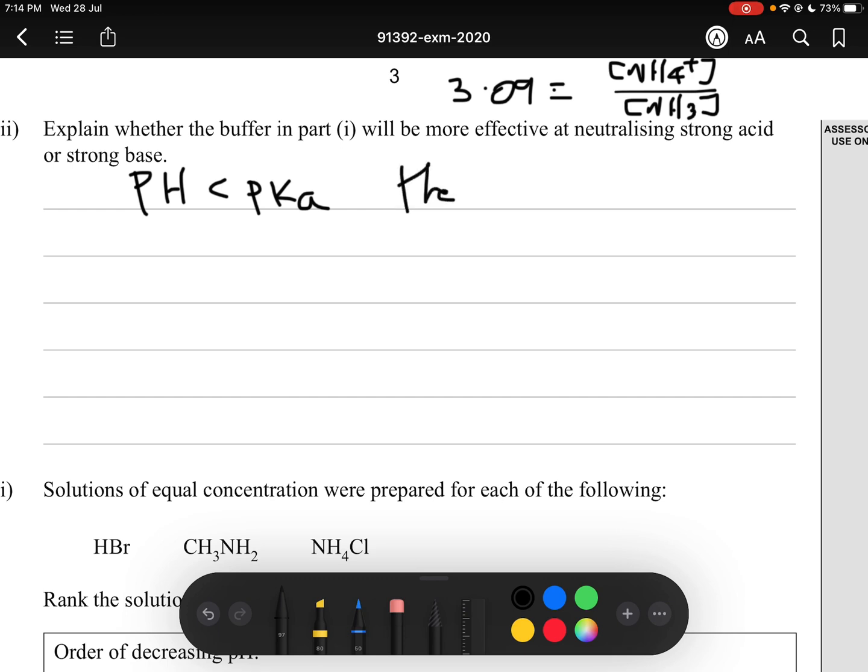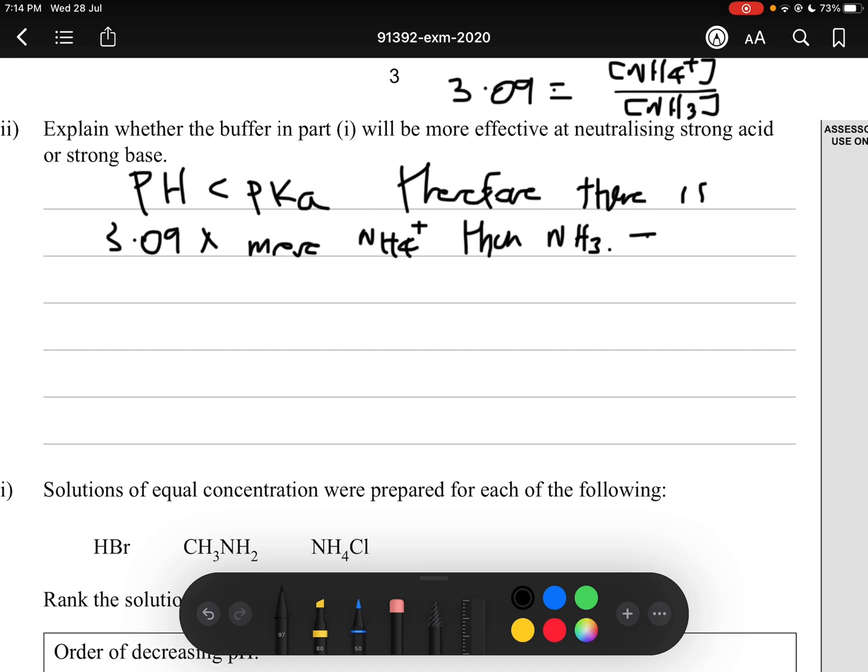So therefore, from our equation we can see that there is 3.09 times more NH4 plus than NH3 in solution.